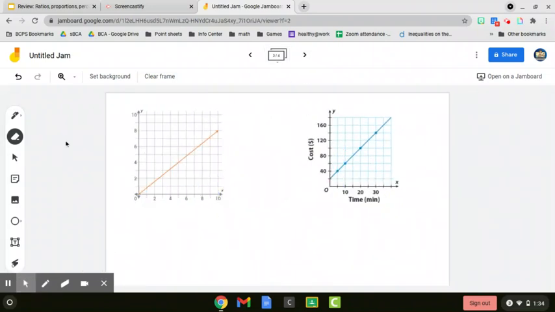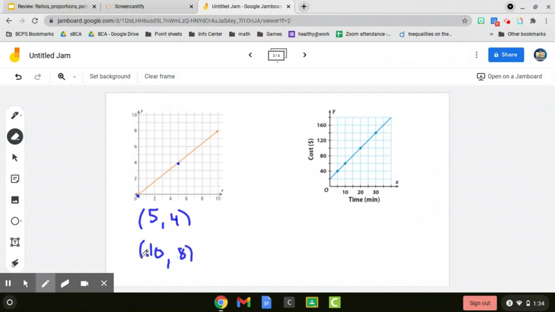Let's look at some tables. So tables work the same way as equations. We've got a point at 0, 0, off to a good start. We have a point here at 5, 4. We have a point here at 10, 8. So let's find our constant.